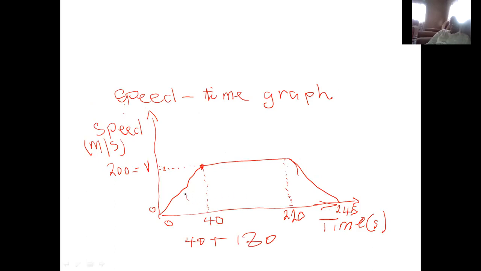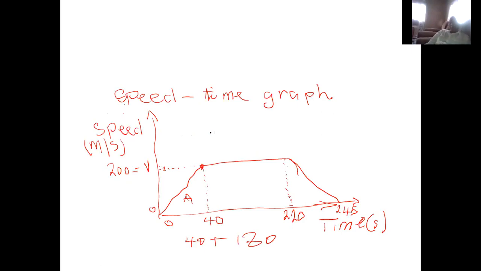We can call this area A. And we can call this distance 1, which is equal to the area under the curve, which is equal to half multiplied by the base multiplied by the height, which is half. And so our base here, which is this distance from 0 to 40 for this triangle.